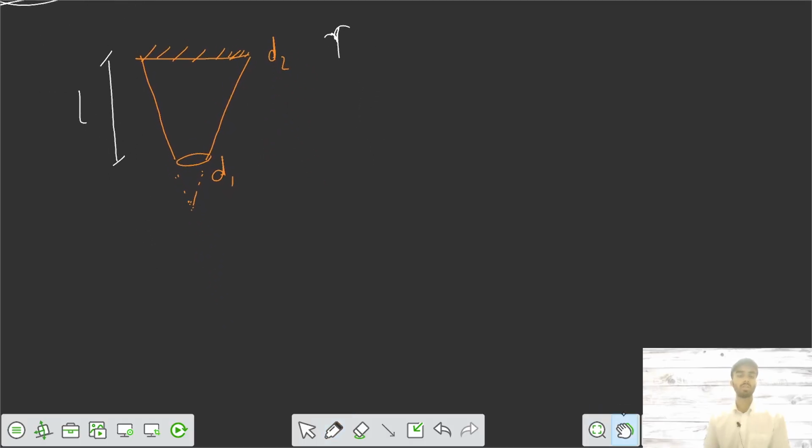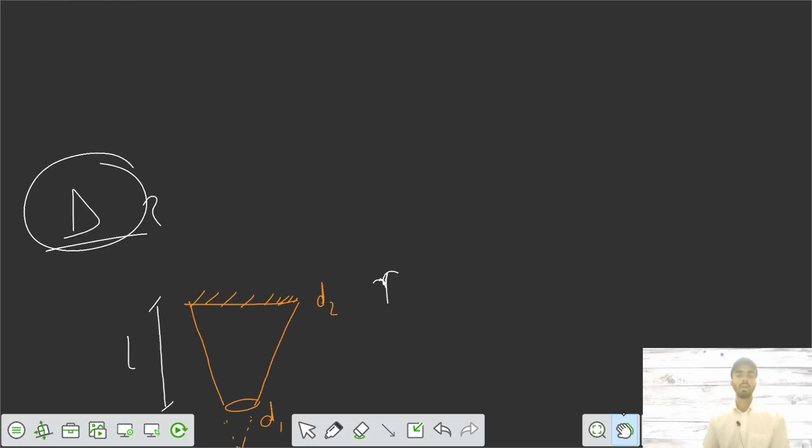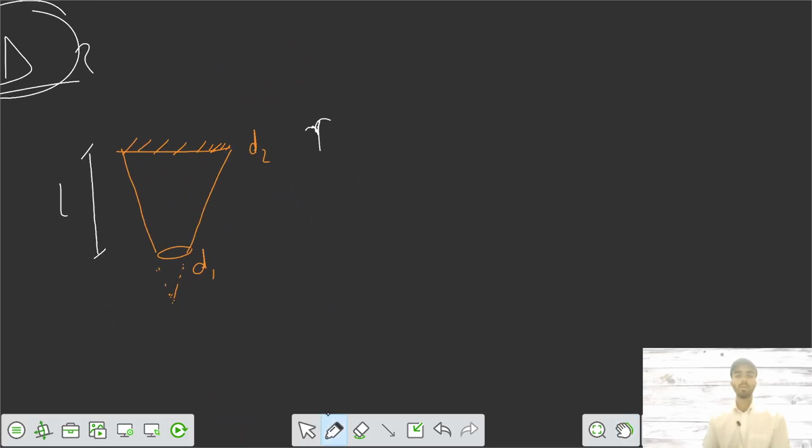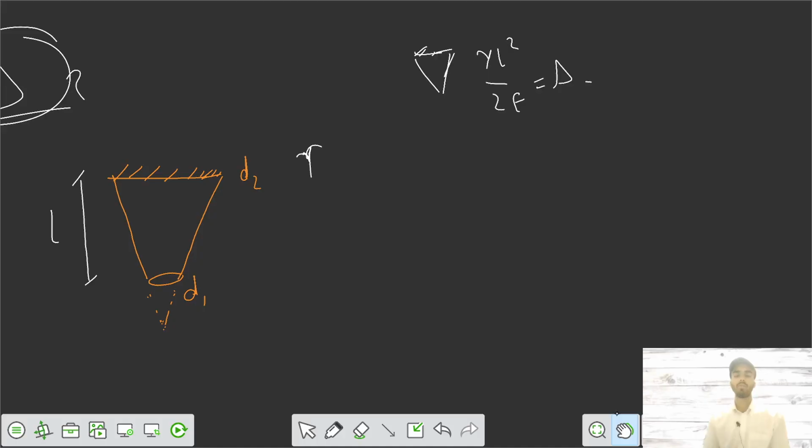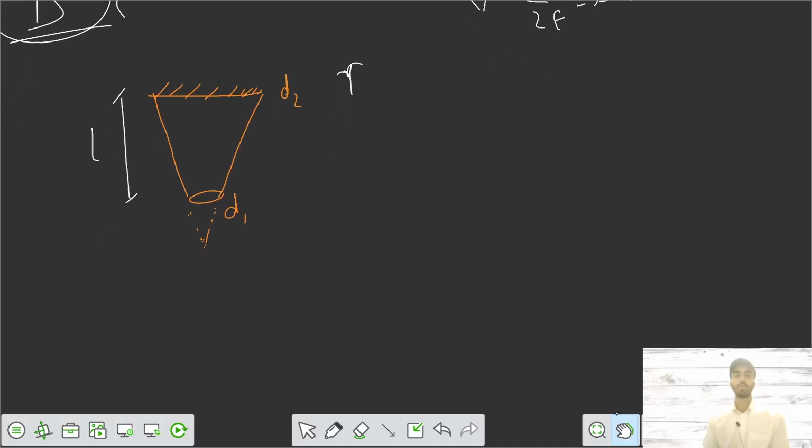How can we solve this? We already solved for the full cone. We know gamma L square by 2E is the total deformation. We can use the superposition theorem here because delta is linearly proportional to the weight.